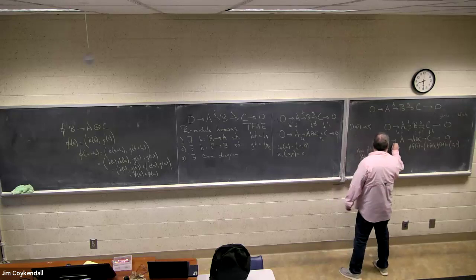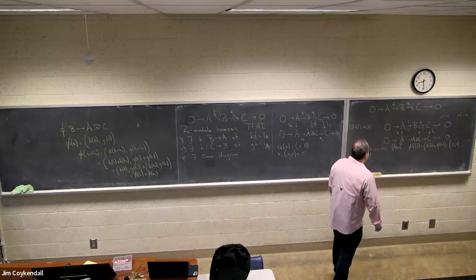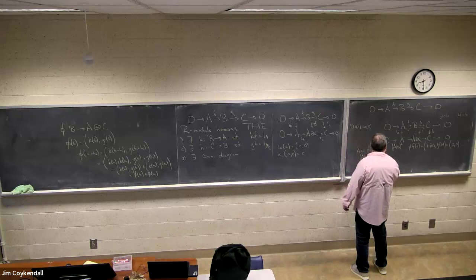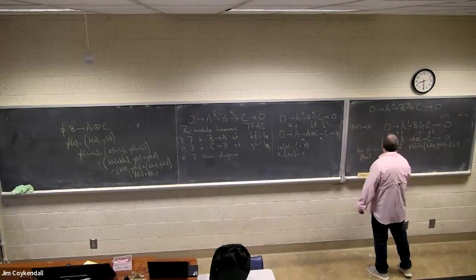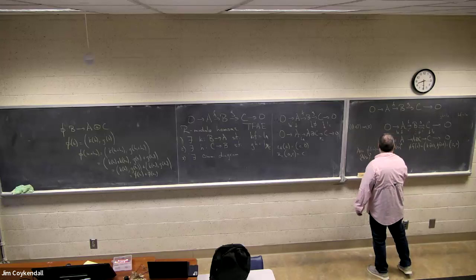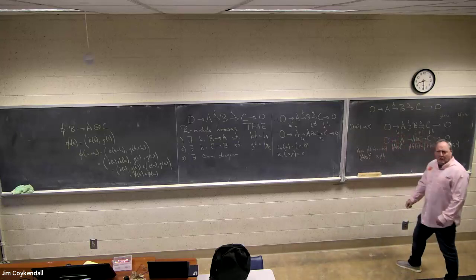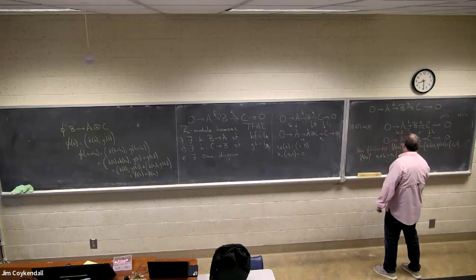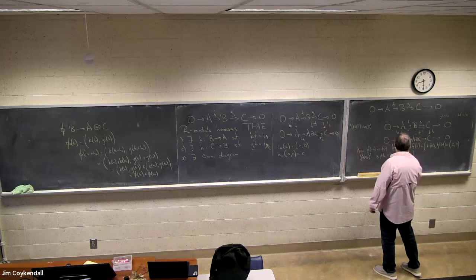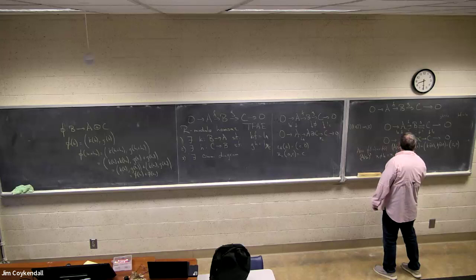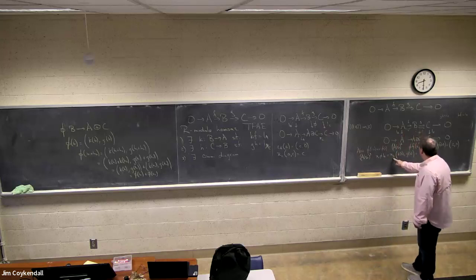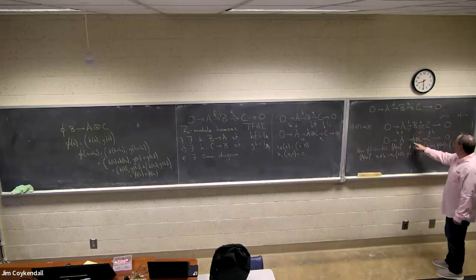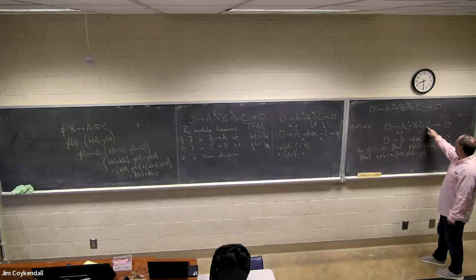Also, again, if we have phi, and then projection on C, what should we get here? This is projection on C of K of B, G of B. Projection on C should be just G of B. So going this way, I get G of B, and going this way, I get G, right?